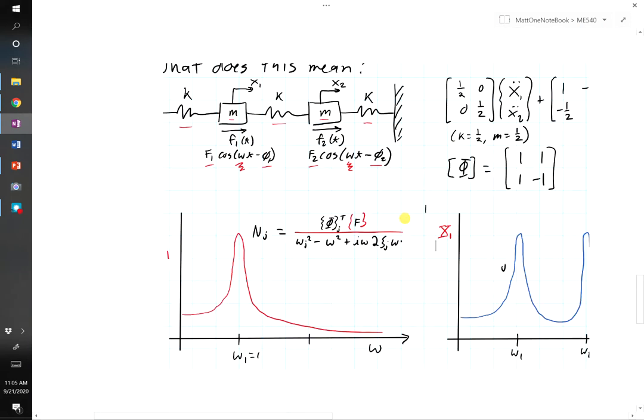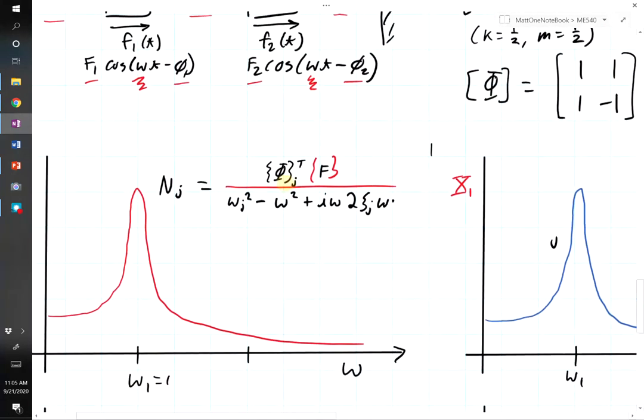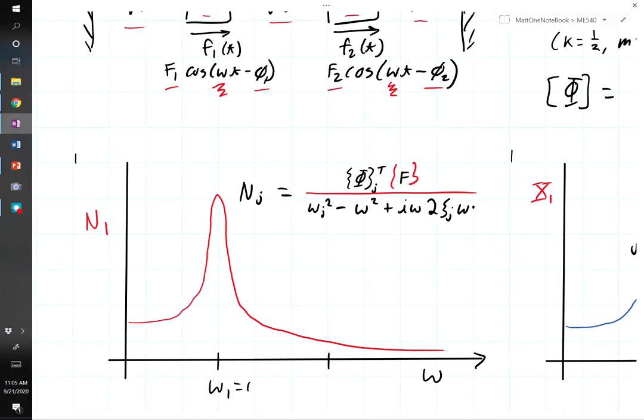so that equation tells us that the response of mode 1 will just have the modal force in it, and it has this denominator. And so notice when omega is equal to omega 1, these two terms will cancel, and we're left with only a small number. Oh, this should have omega 1.